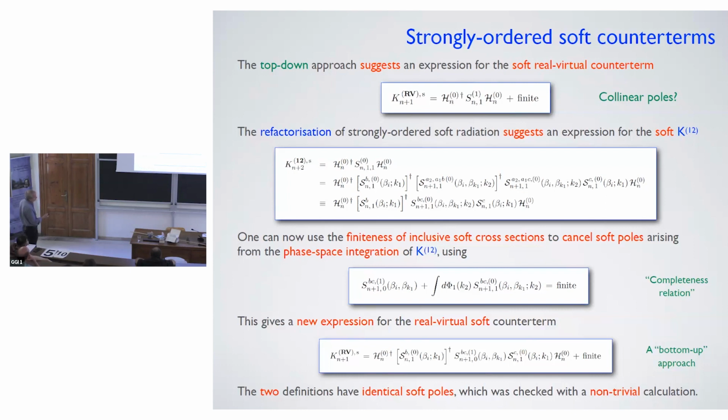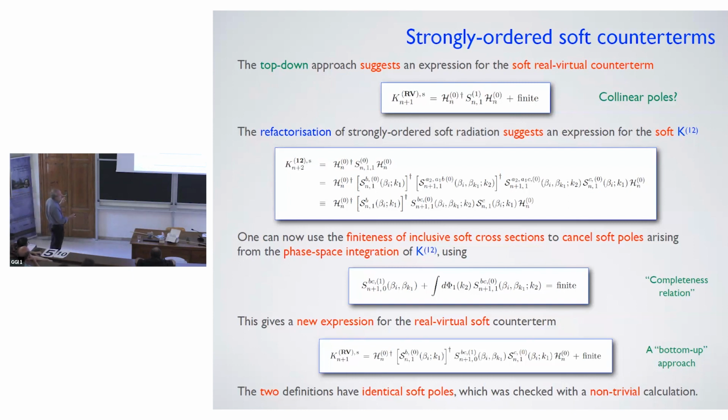This is the cross-section level. So here's the amplitude, here's the complex conjugate amplitude. And if I look at this combination in between, this is the cross-section level soft function for n+1 particles, 1 radiation at tree level. And then the second, or if you want in order of strength, the first radiation is sitting out there. And I need to integrate over K2.